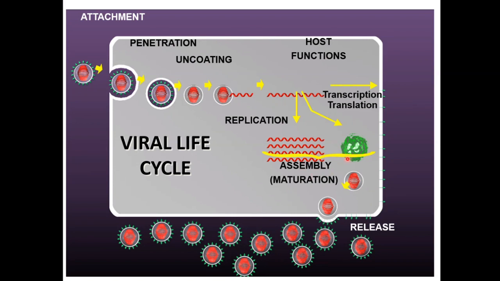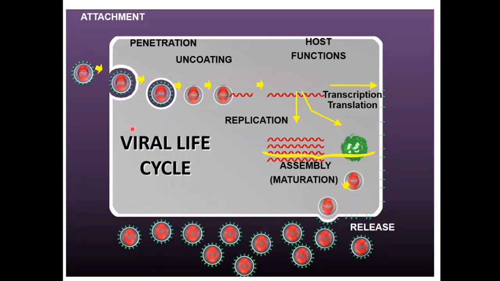Assembly means each component which was synthesized aside, we get together, and getting together, we also incorporate the nucleic acid, and then the virus will be mature and will be ready to exit from the cell.